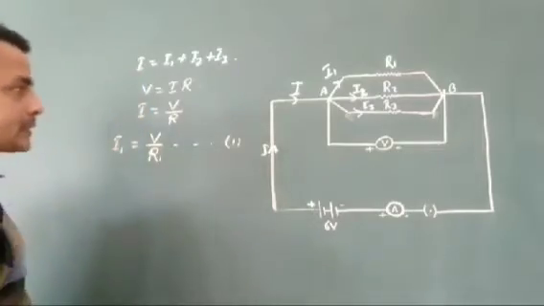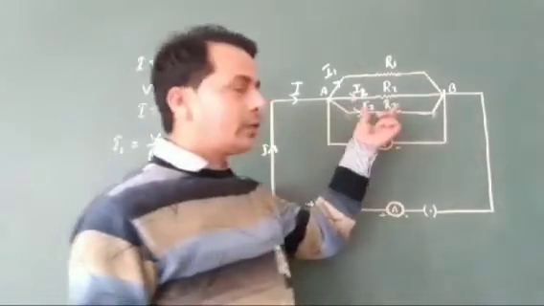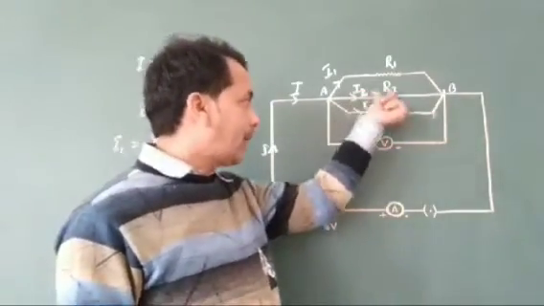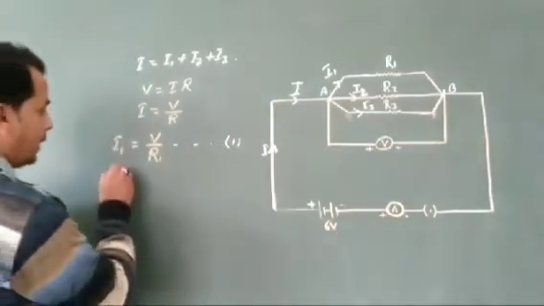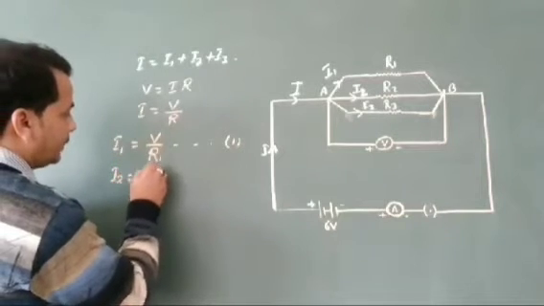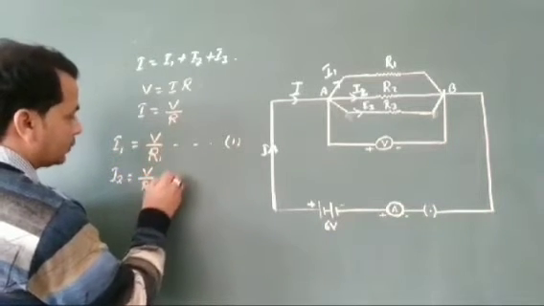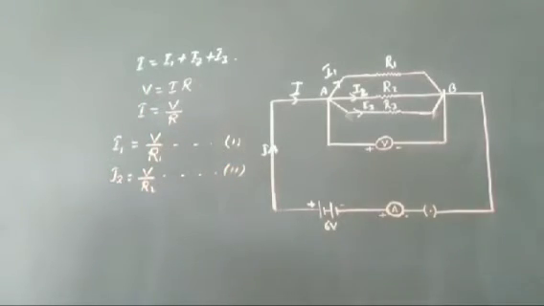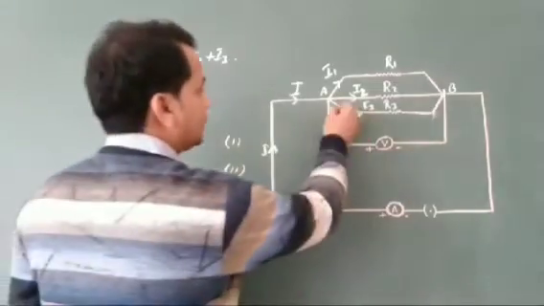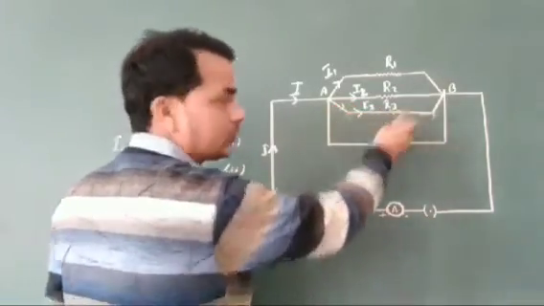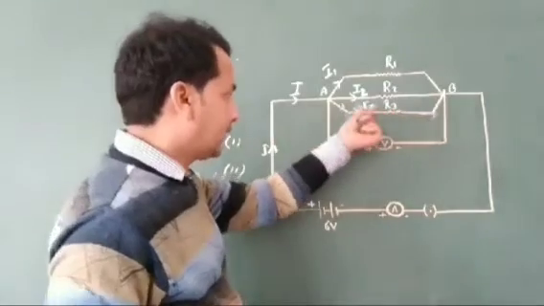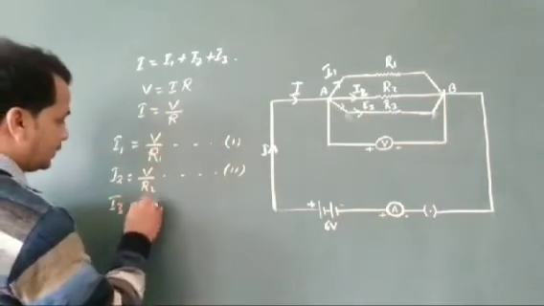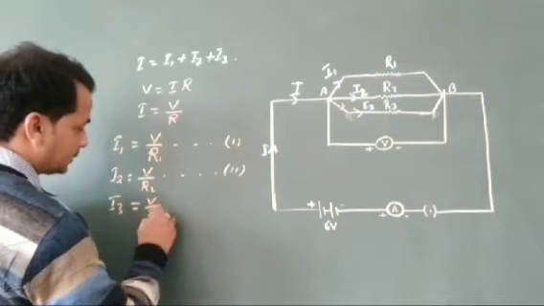The second, current I2 flowing across the resistor R2, will be V by R2, that is the second equation, and I3 flowing across the resistor R3 is V by R3.